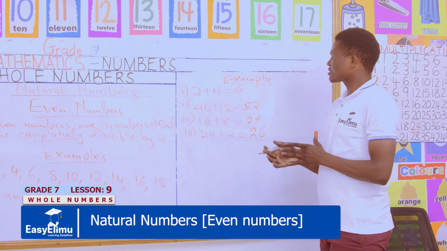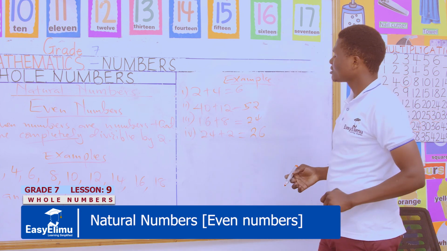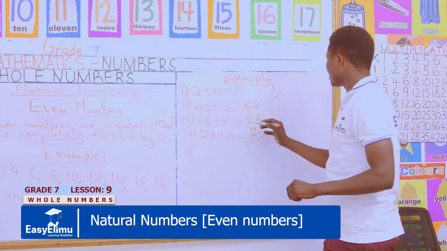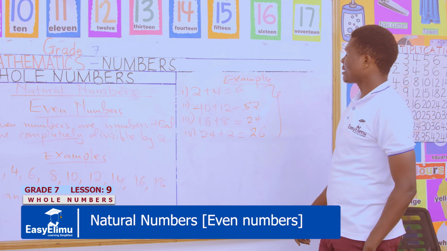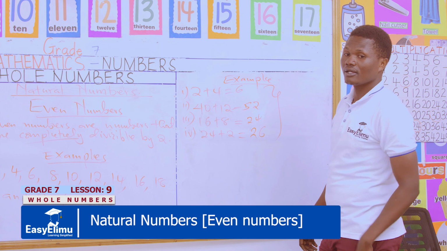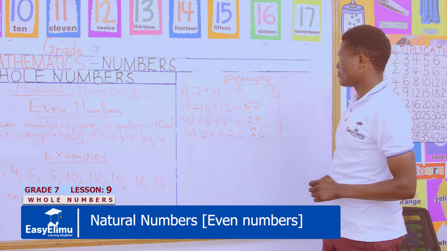So what can you deduce on the sums? Is there any conclusion we can make about these sums? What type of numbers are they? Yes? Even numbers.